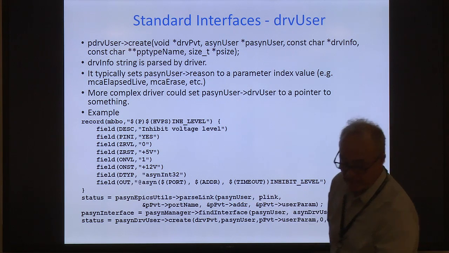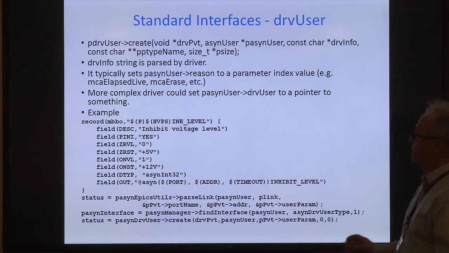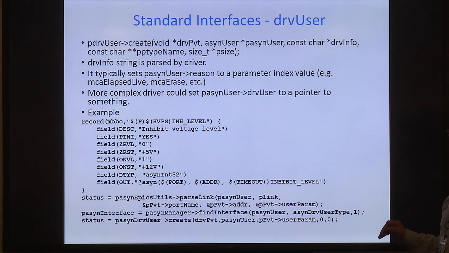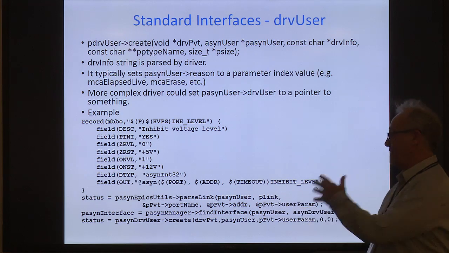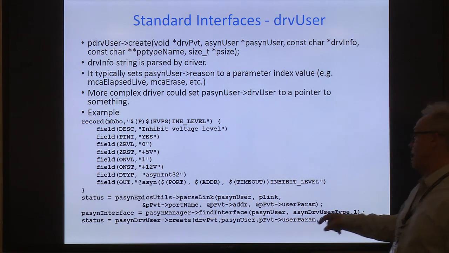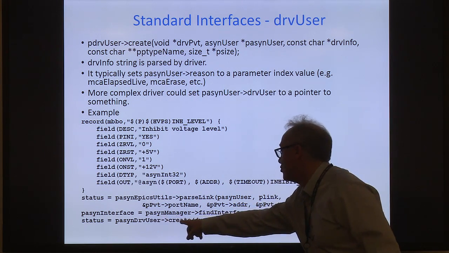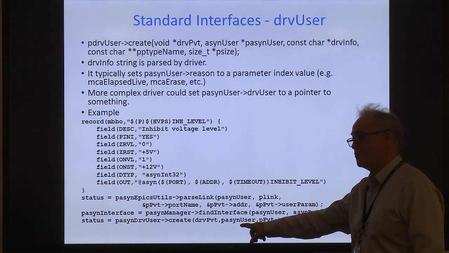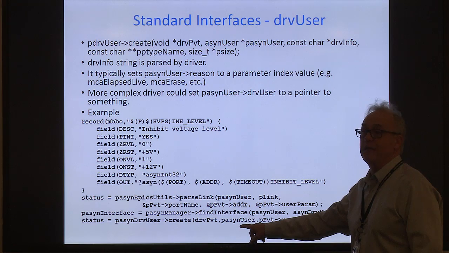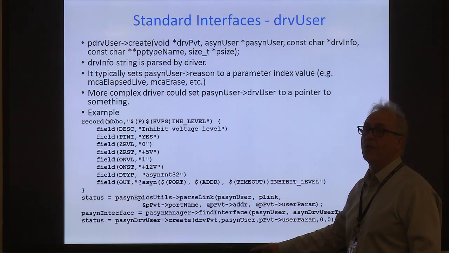But in general, it just sets pasyn user reason. What exactly it does is completely transparent to the client. All you do is call this function to pass that string to driv user create, and it will modify your asyn user structure in some way that should be hidden to you. Right? The client doesn't know about that.